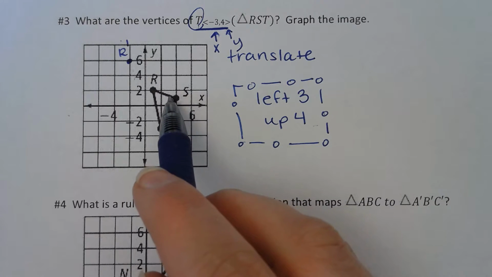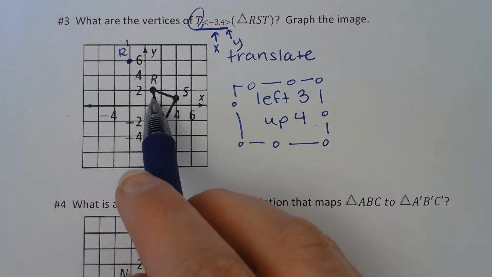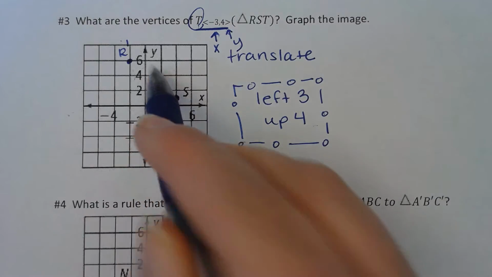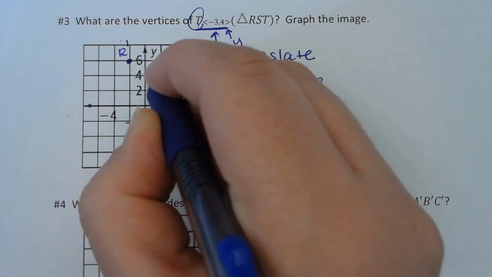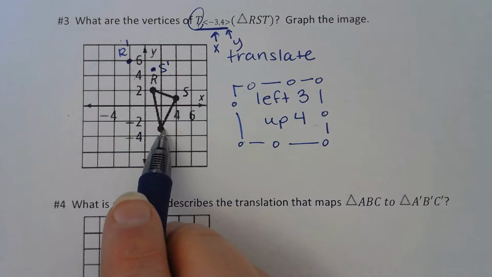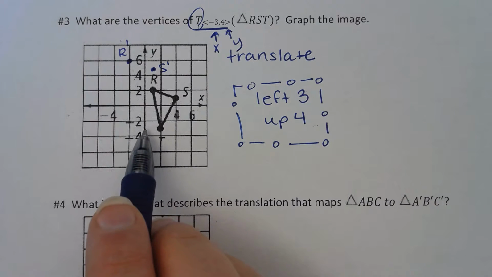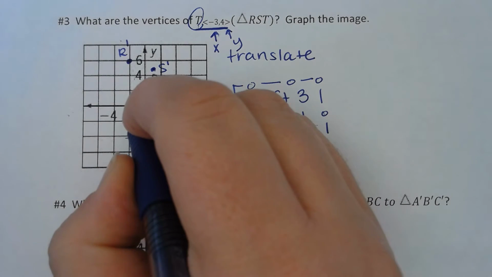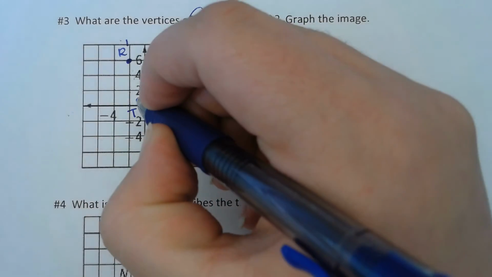Left 3. 1, 2, 3. Up 4. 1, 2, 3, 4. It's going to show up right there. And lastly, T is going to be left 3. 1, 2, 3. Up 4. 1, 2, 3, 4. Right there as T prime.